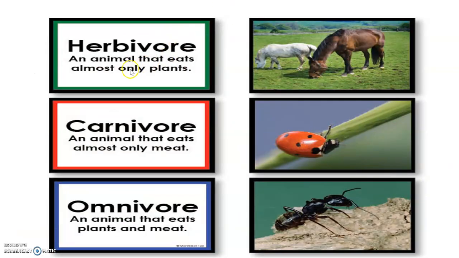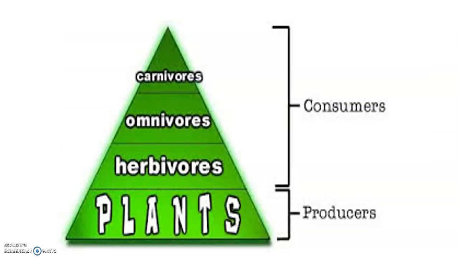So in short, herbivores are the animals that almost eat only plants. Carnivores are almost the animals that eat meat. And omnivores are the ones that eat both plants and meat. This triangle is depicting the producers and the consumers. Of course, we know only one producer is present on the earth, and that is plant.